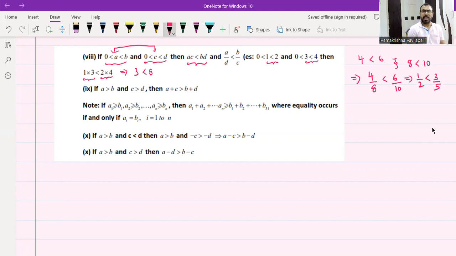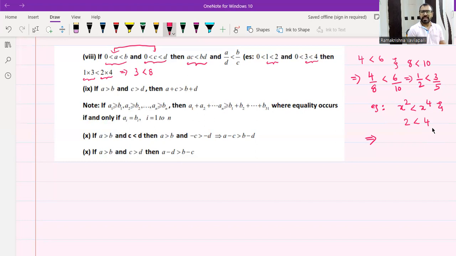So for example, I'll give one more example. See, this x square is less than x to the power of 4. And 2 is less than 4. So now you see, x square is never negative.